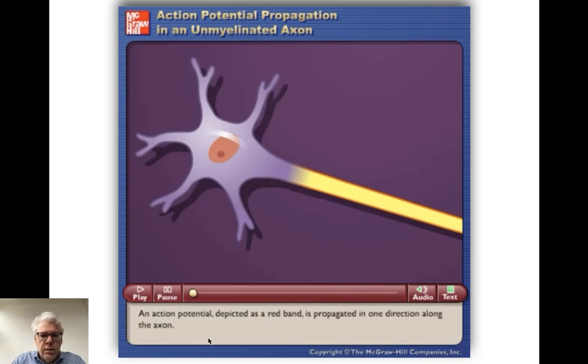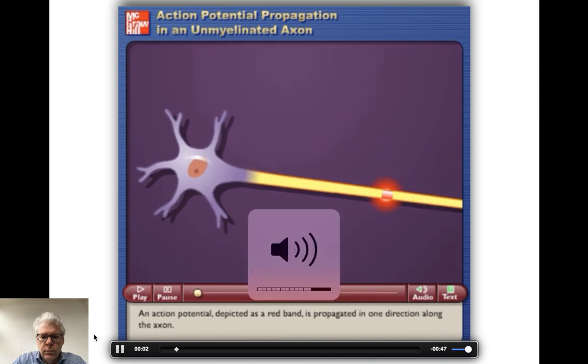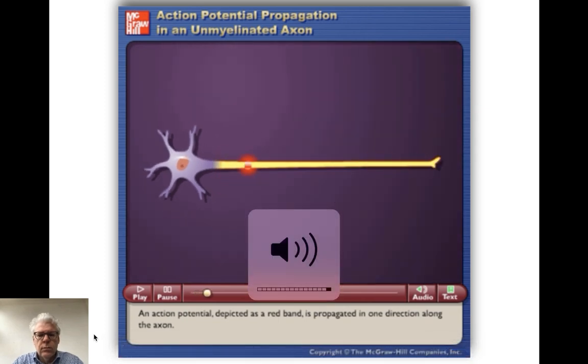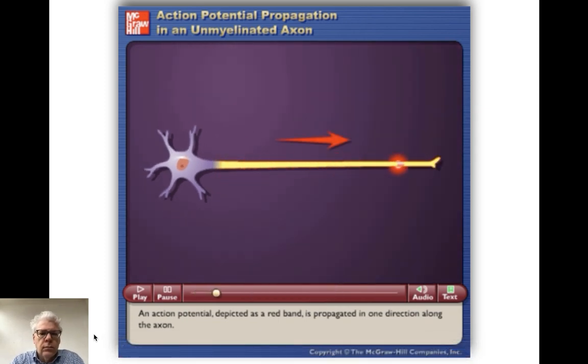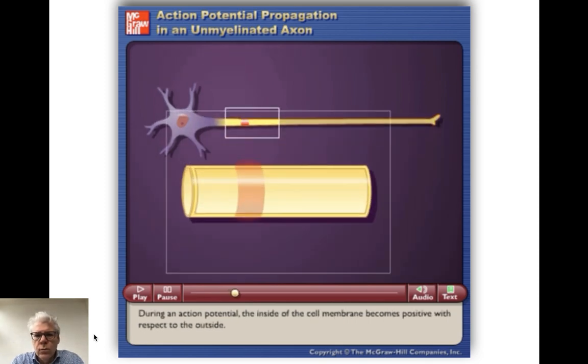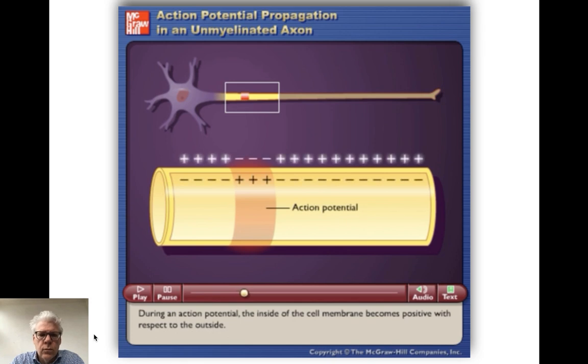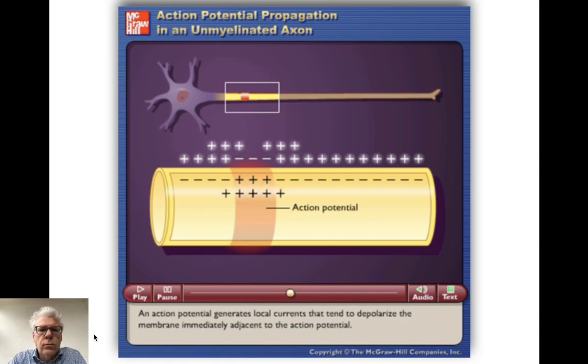So another movie to illustrate that. An action potential, depicted as a red band, is propagated in one direction along the axon. During an action potential, the inside of the cell membrane becomes positive with respect to the outside. An action potential generates local currents that tend to depolarize the membrane immediately adjacent to the action potential.